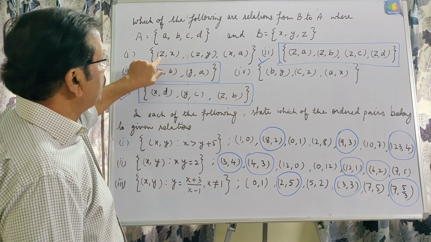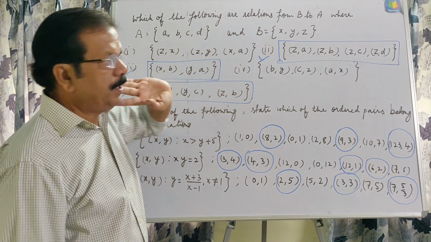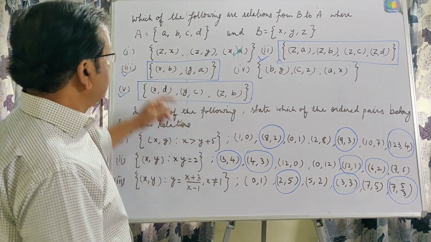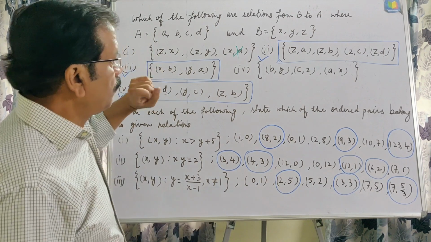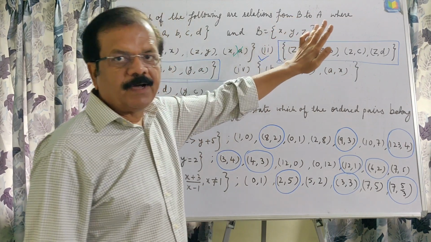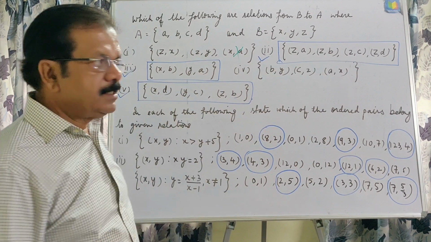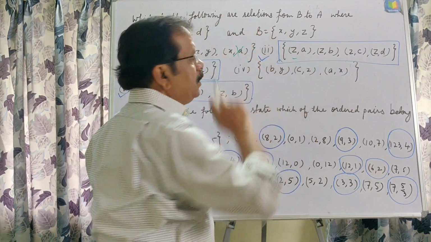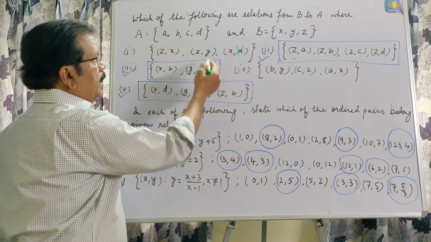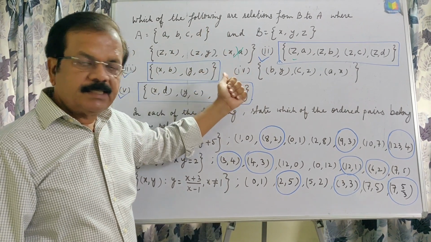We just see whether the first element is from B. In this one we see Z, Z, X, first from B, second X, Y, A, this is missing, so this will not be a relation from B to A. In this one, Z, Z, Z, Z, first elements from B, because we are defining the relation from B to A, second A, B, C, D, from A, so this is the correct relation which defines B cross A. Next one, X, Y from B, B, A from A, so the first element is from B and the second from A, and this is correct.